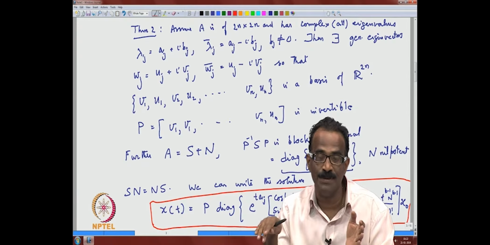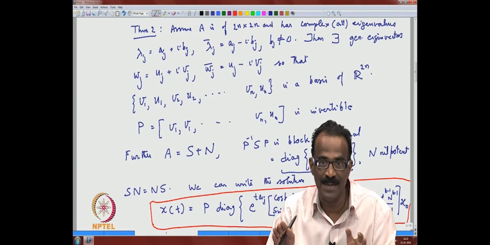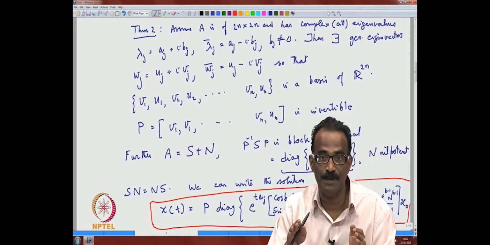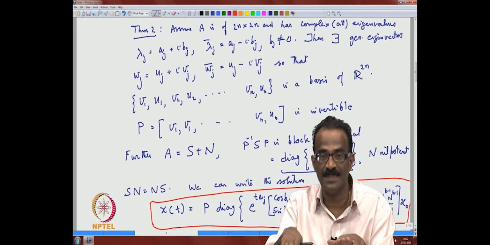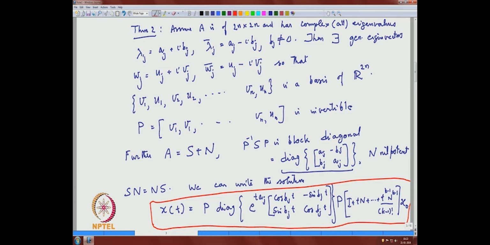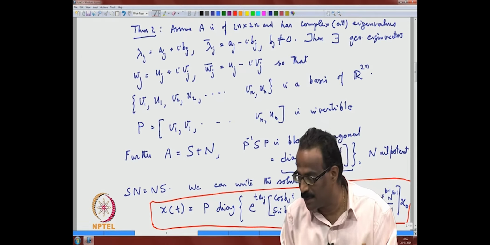To write down the solution, it is enough to find all the eigenvectors and their algebraic multiplicities. You do not need anything further. You do not need to find the generalized eigenvector in these special cases. That is the interesting point.